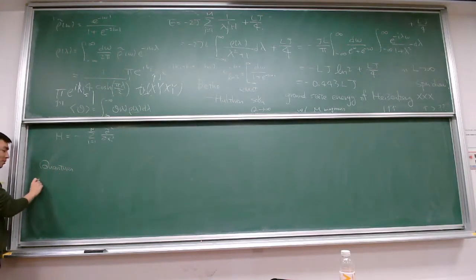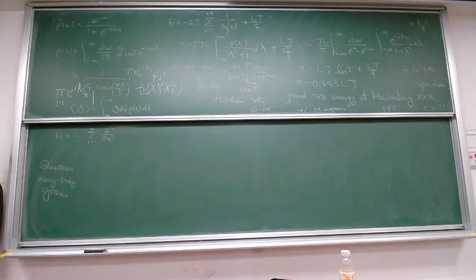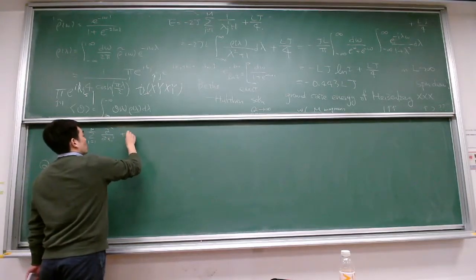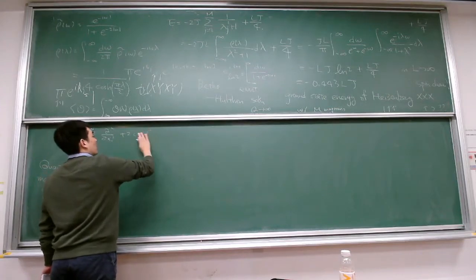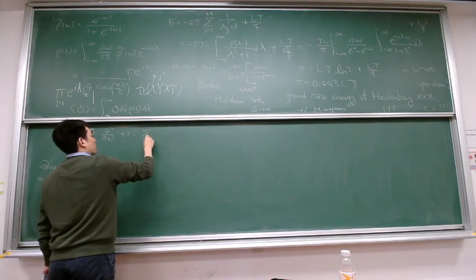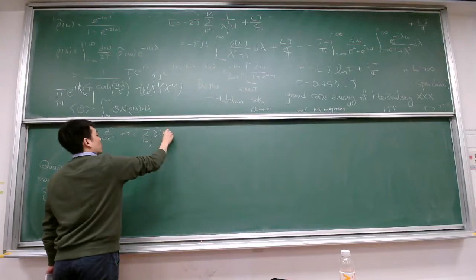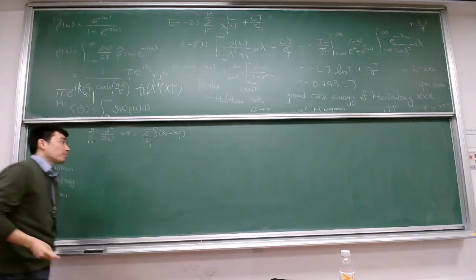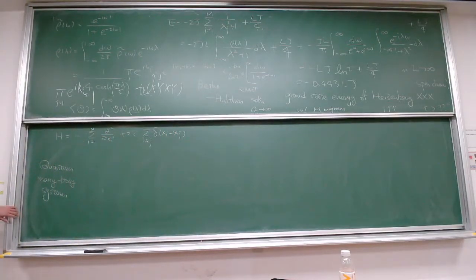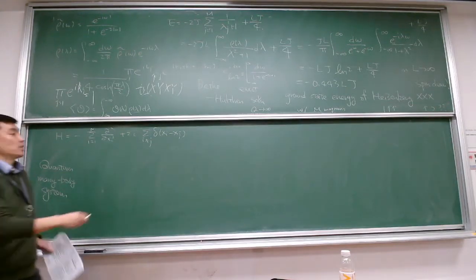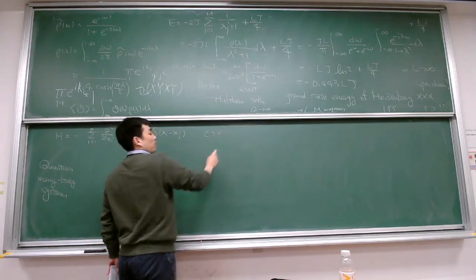And Bethe introduced this quantum many-body system, with the delta function potential, and c is positive, so therefore it becomes repulsive.